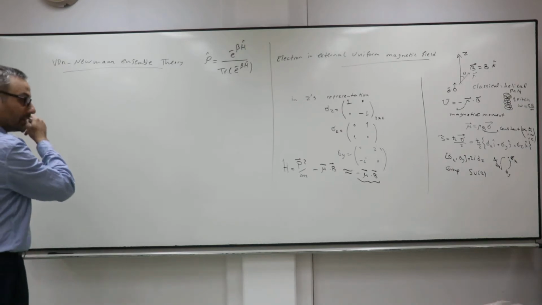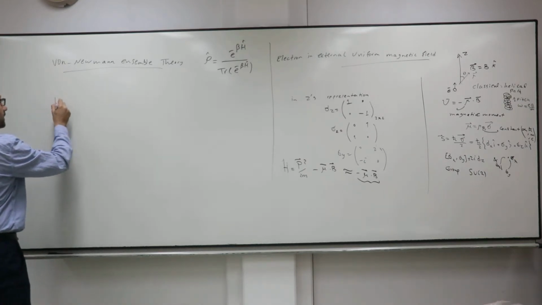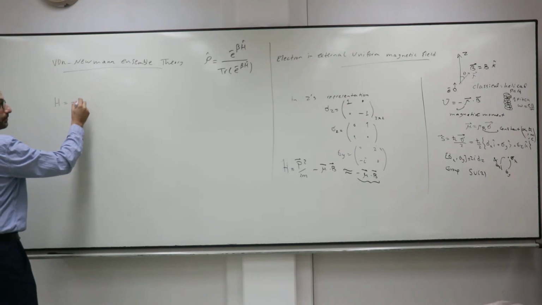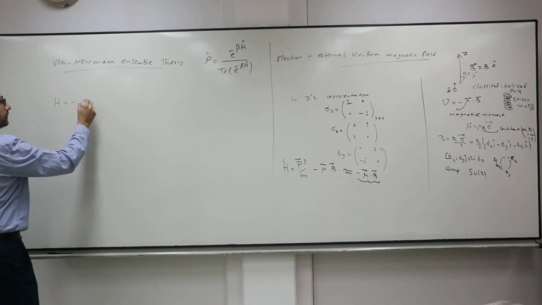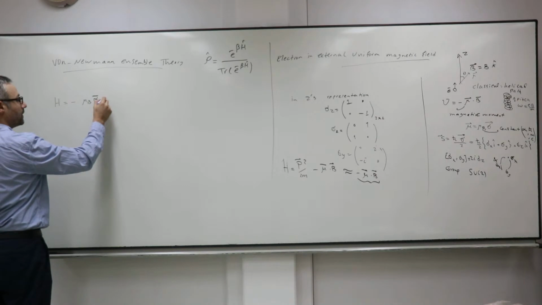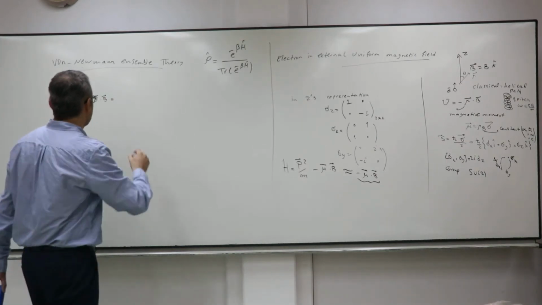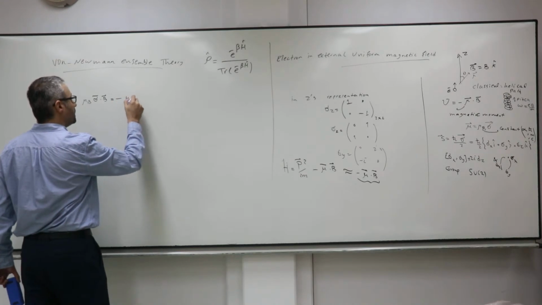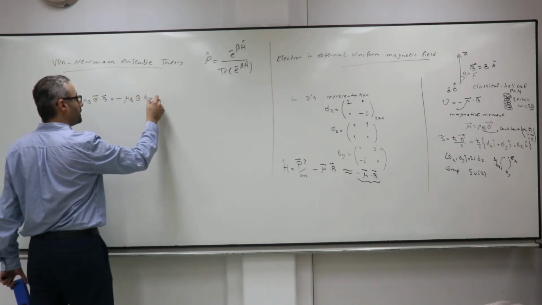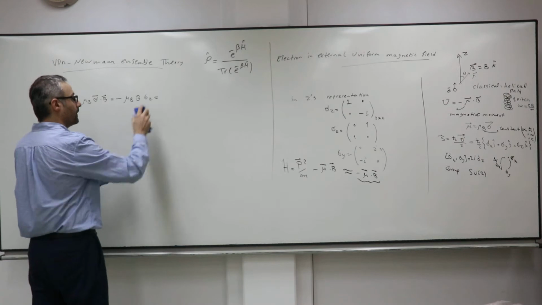Let's start to write the Hamiltonian: H equals minus mu_B sigma dot B, which will be minus mu_B B sigma z.